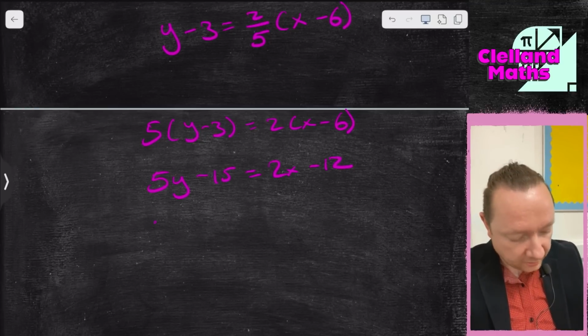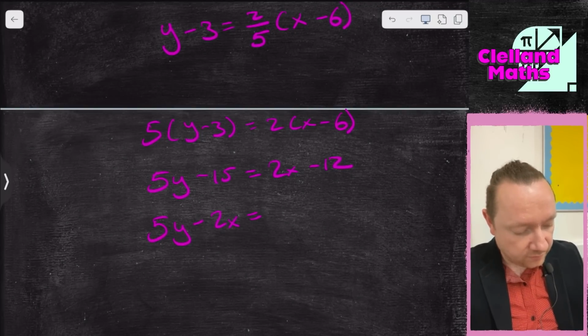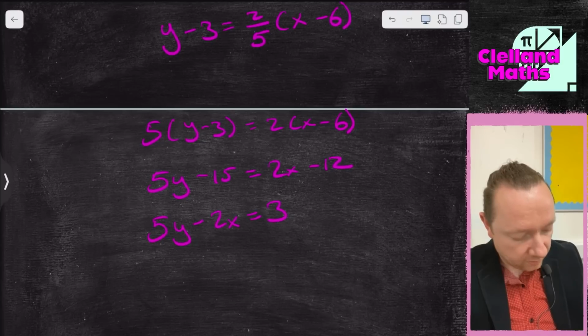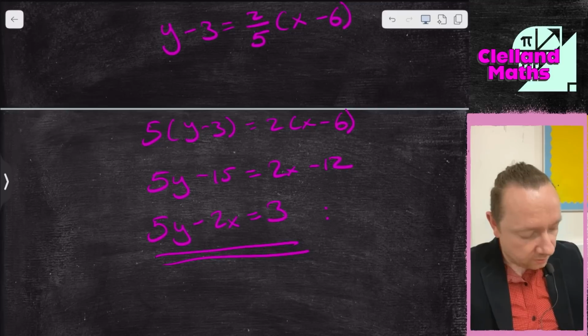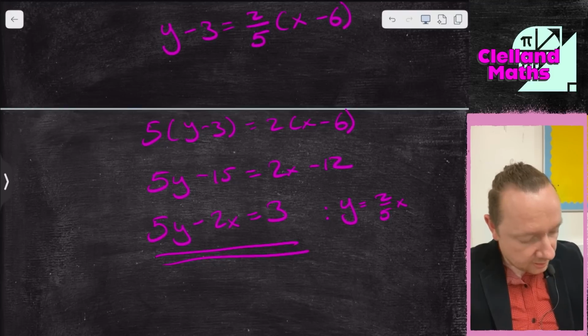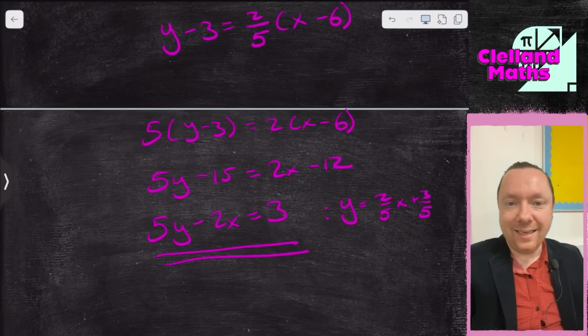So I'm going to put the y's and x's on the same side: 5y minus 2x equals 15 minus 12, which is 3. And I think that will be fine there. If you prefer, you can move it so you get y equals 2/5 x plus 3 over 5. There's no real need to leave it like that, it's a bit messy.